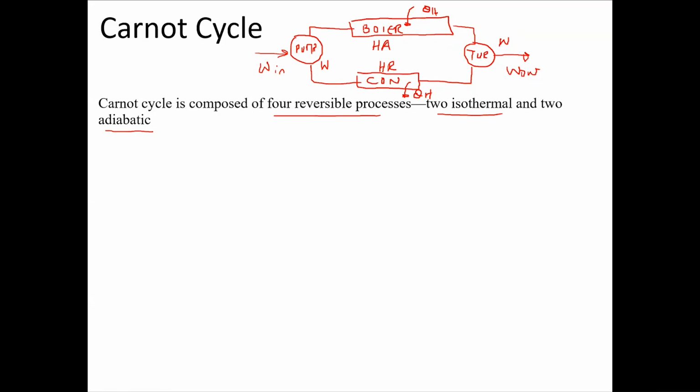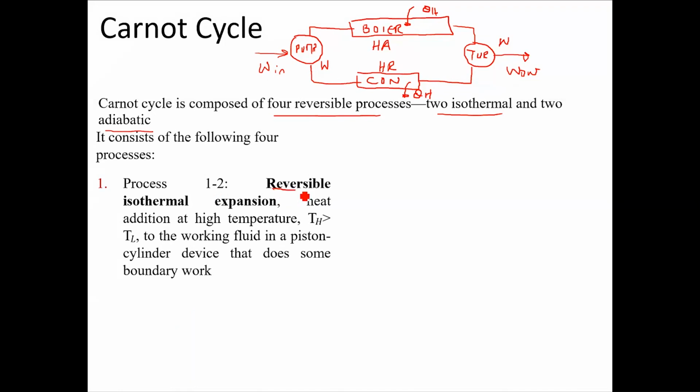Now, if I try to have these processes in order to develop a cycle, in a Carnot cycle it again consists of 4 processes. The first process is reversible isothermal expansion. Now, when a process is isothermal, you cannot have a finite heat transfer through a finite temperature difference.